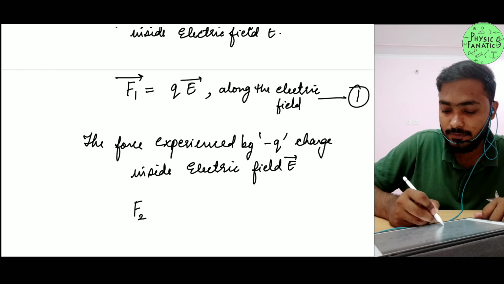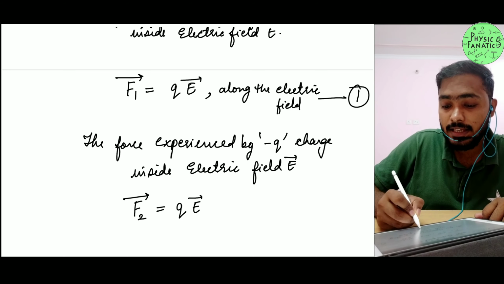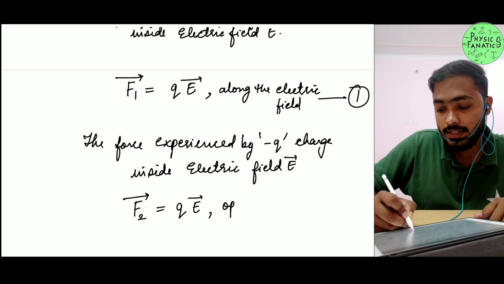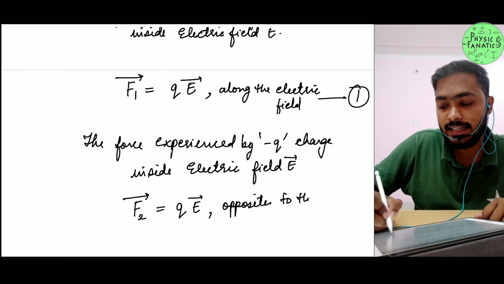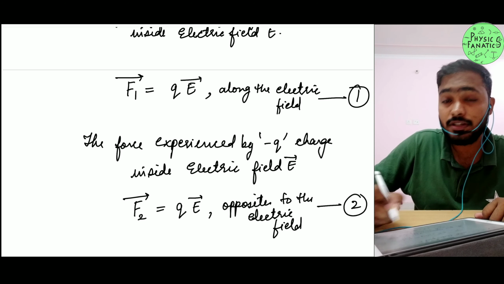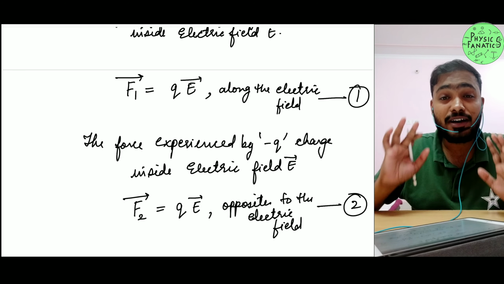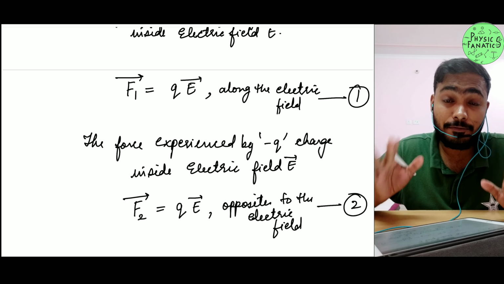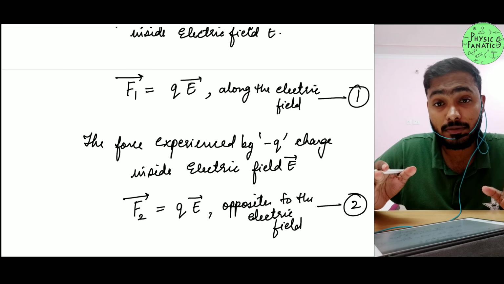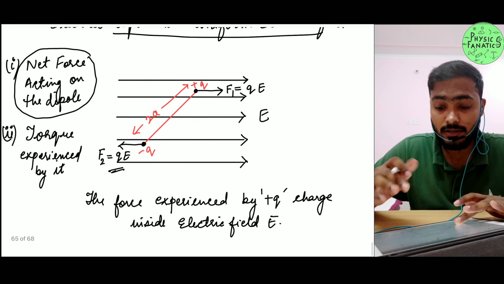Let me call that force F2 vector, and that is q times E, but opposite to the electric field. I hope that is understandable. This is equation number 2. So I'm supposed to find out the net force acting on this dipole, and I can see it very nicely over here also.